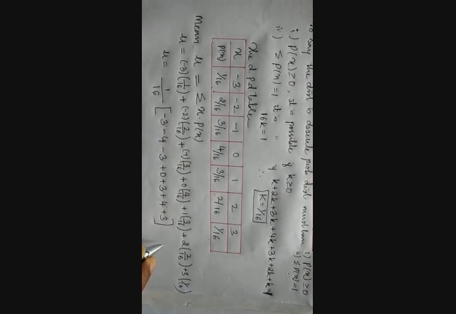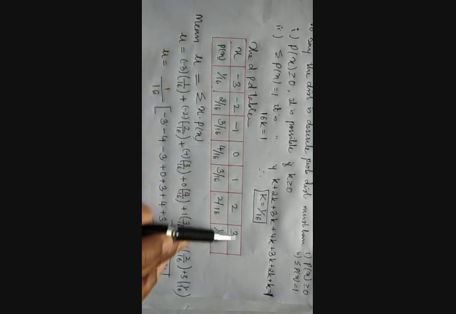Then you can see minus 3 plus 3, minus 3 plus 3, plus 4 minus 4 get cancelled. Then we get its answer is 0. Therefore, the mean is 0. Then we go for variance.